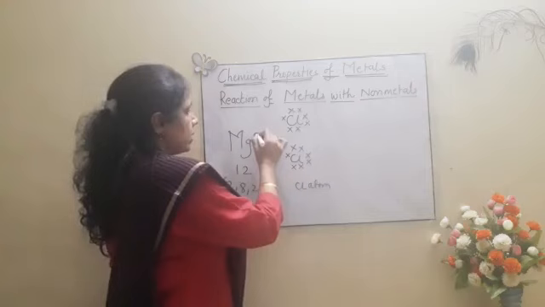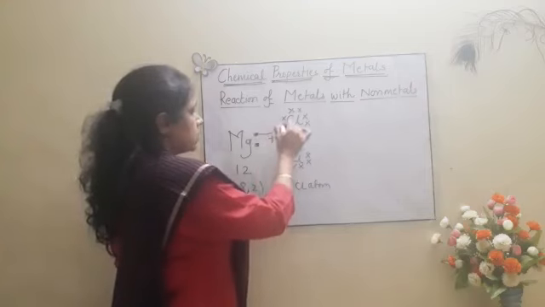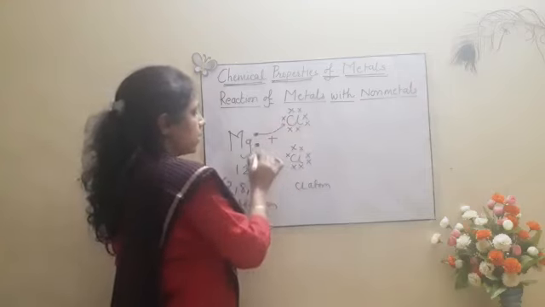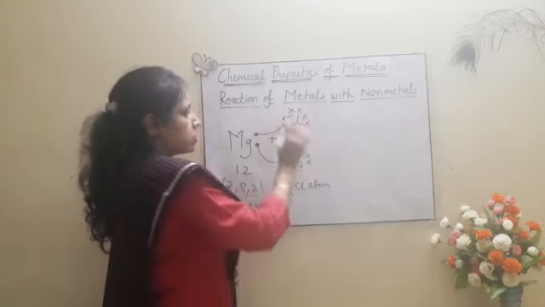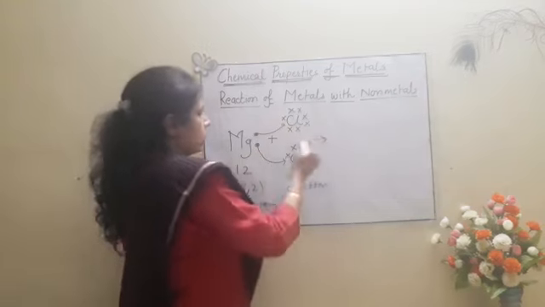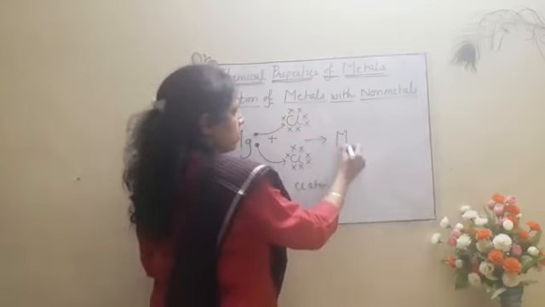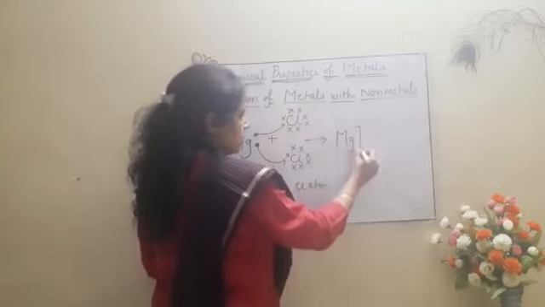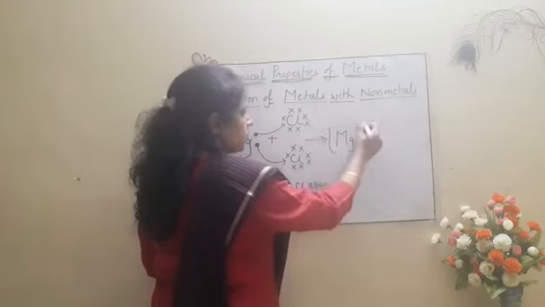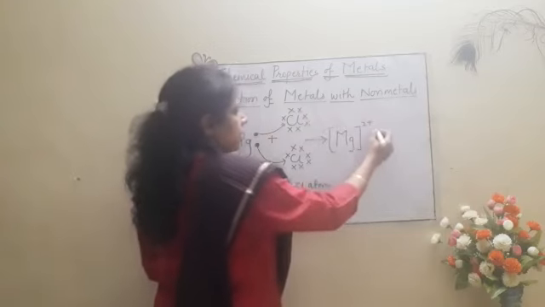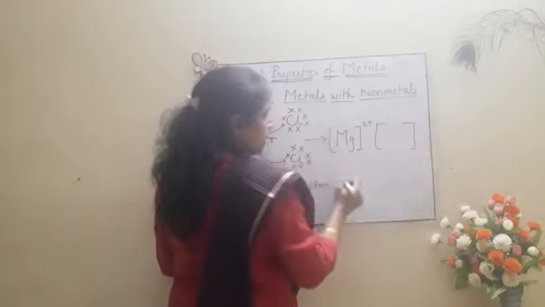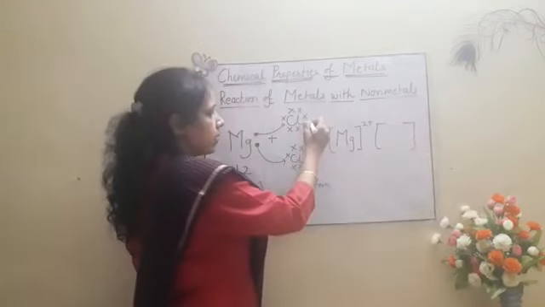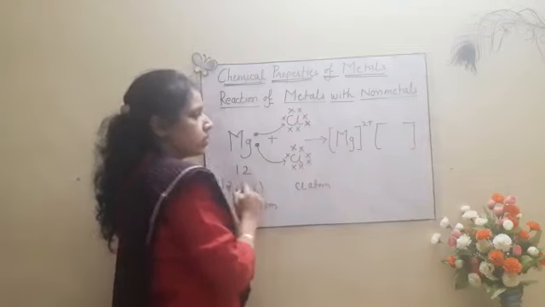Now 1 electron from the magnesium is transferred to one of the chlorine and another is transferred to the second chlorine atom. Show it by means of an arrow. Now magnesium will acquire a positive charge of 2 plus, and each chlorine atom will turn into a chloride ion having -1 charge.